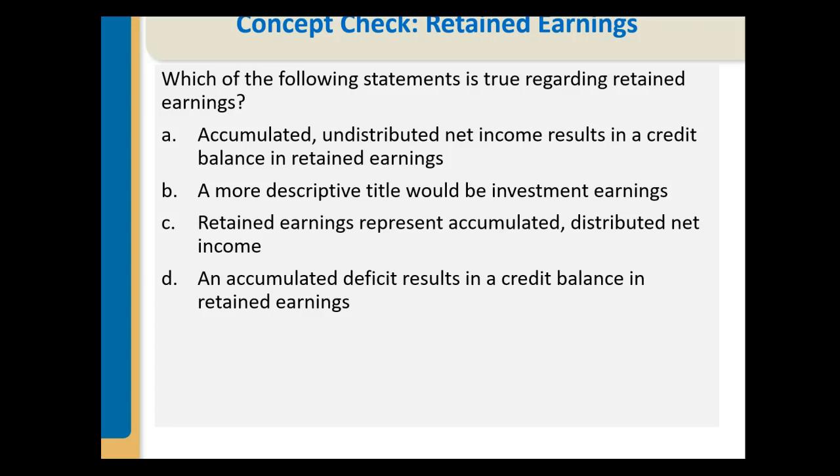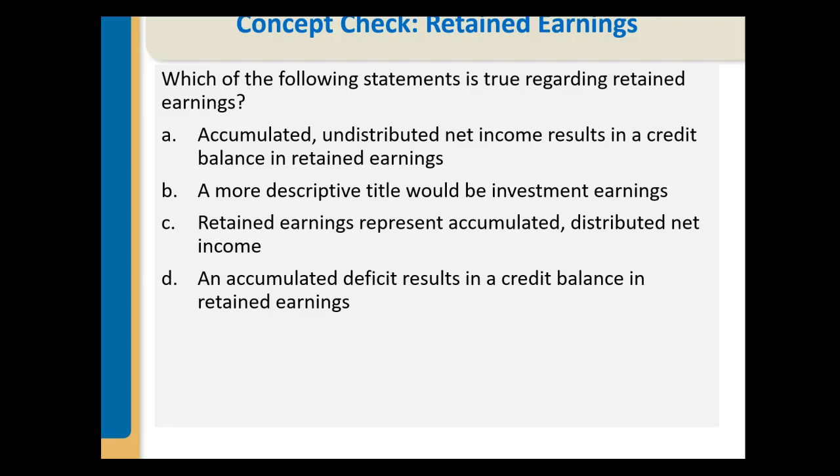So again, let's look at a concept question. Which of the following statements is true regarding retained earnings? A. Accumulated undistributed net income results in a credit balance in retained earnings. B. A more descriptive title would be investment earnings. C. Retained earnings represents accumulated distributed net income.